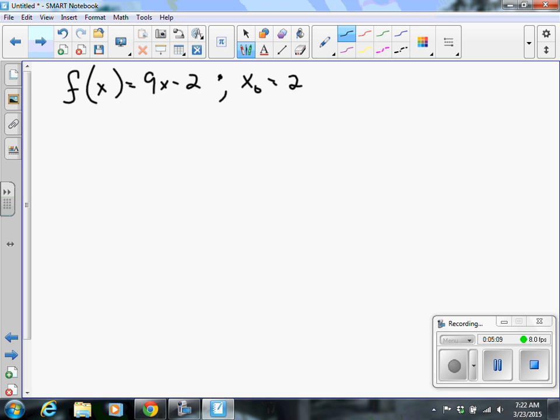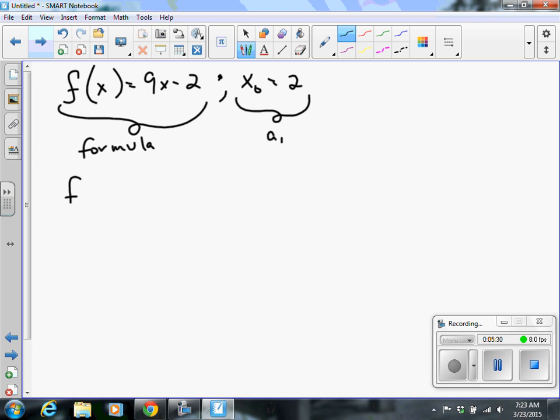And I need to find the next 3 terms, or 2 terms, whatever it is. So this is the same thing. This right here gives me the a1, and this right here is my formula. Okay, so it looks confusing, but it's really the same process.